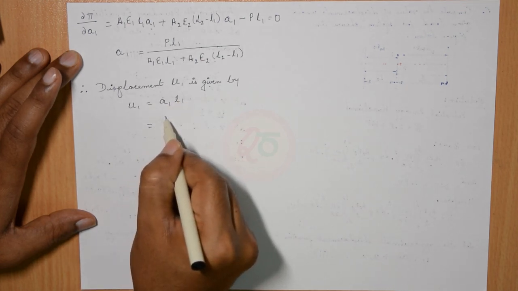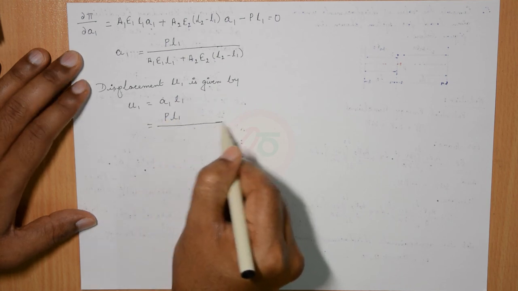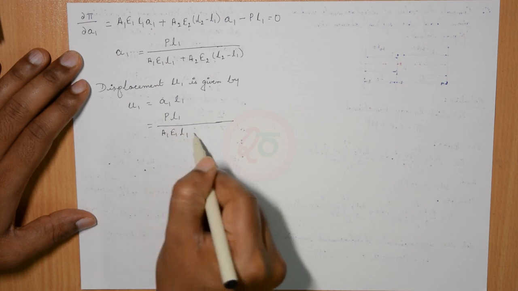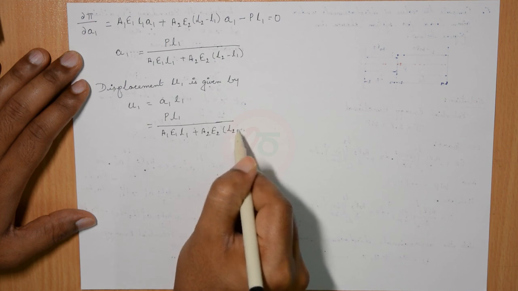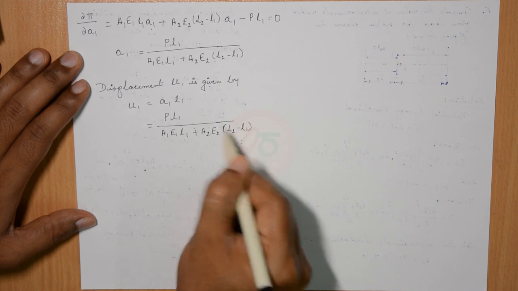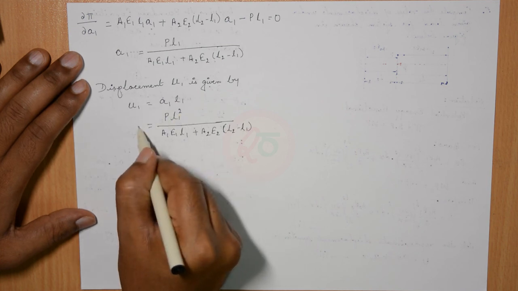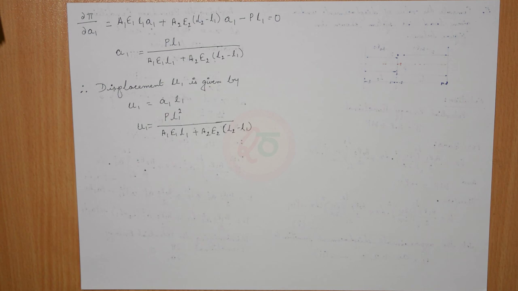A1 we already know is P L1 divided by A1 E1 L1 plus A2 E2 into L2 minus L1, multiplied with another L1, which will make it P L1 square. So this is the final solution.